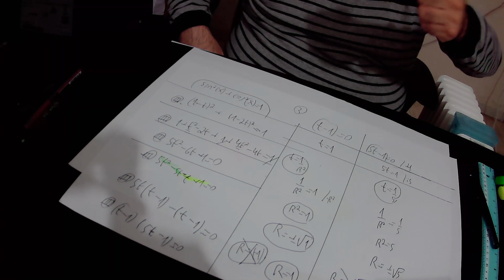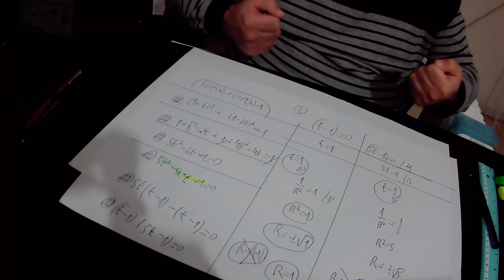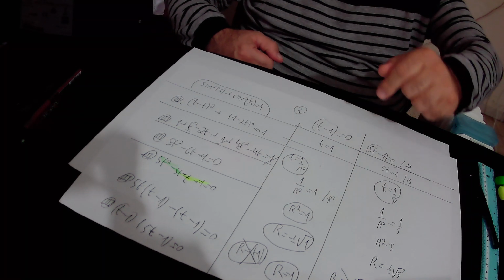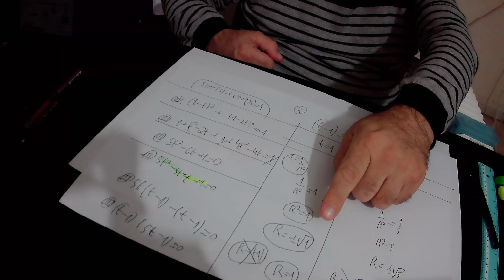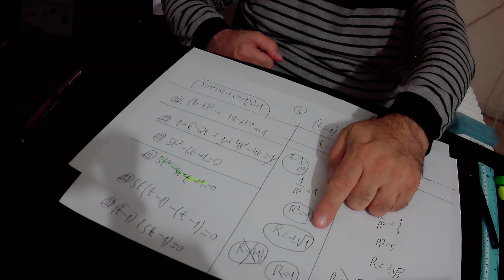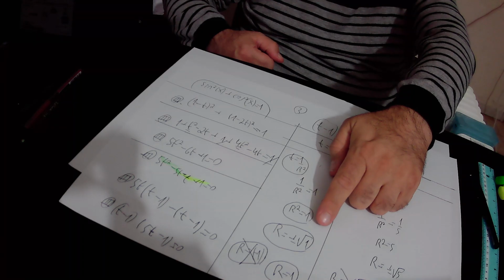r cannot be equal to the negative square root of 1, that is minus 1, because r is a length, and the length must be a positive number. So we cancel this solution, and we are left with the only solution for this equation, that r equals plus 1, because the positive square root of 1 is 1.